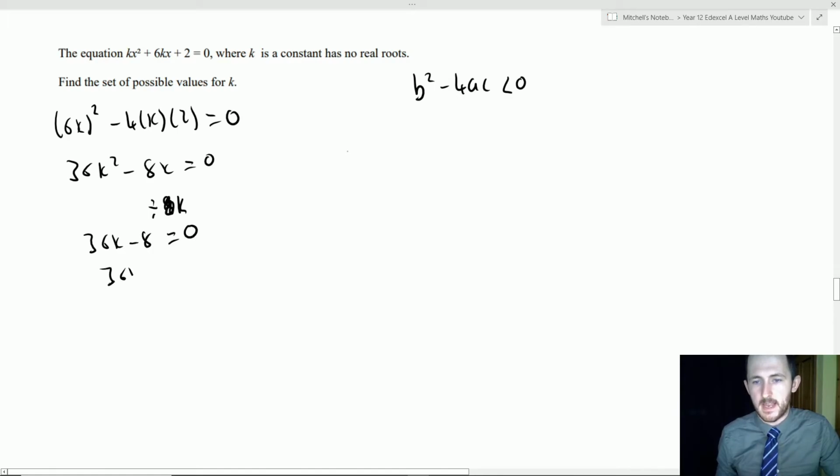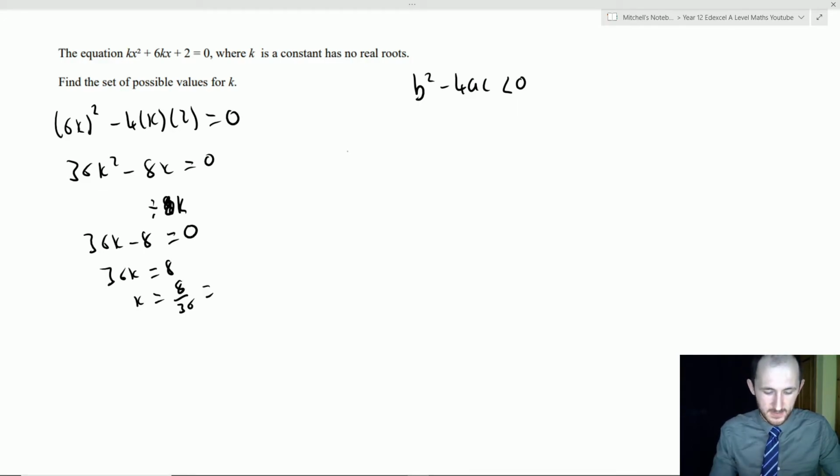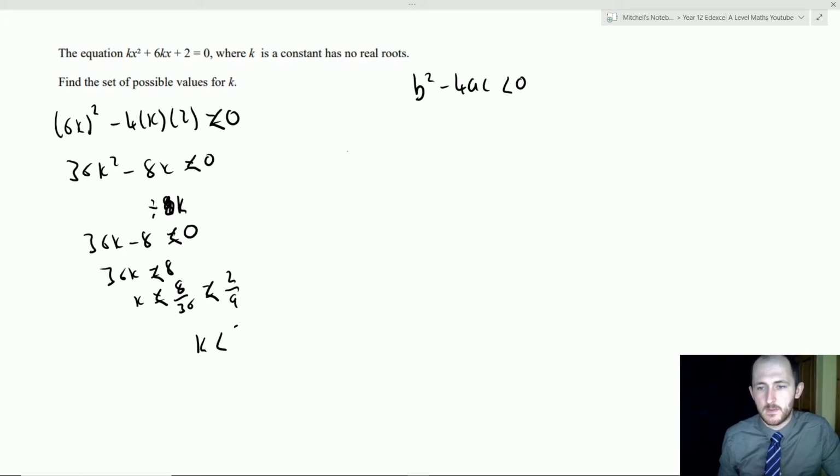So 36k equals 8. k equals 8 over 36, which again you can use a calculator or your brain to simplify down. Top and bottom by 4, you get 2 over 9. Now it says a set, so actually I should have written less than 0. That's my bad. So k is less than 2 over 9.